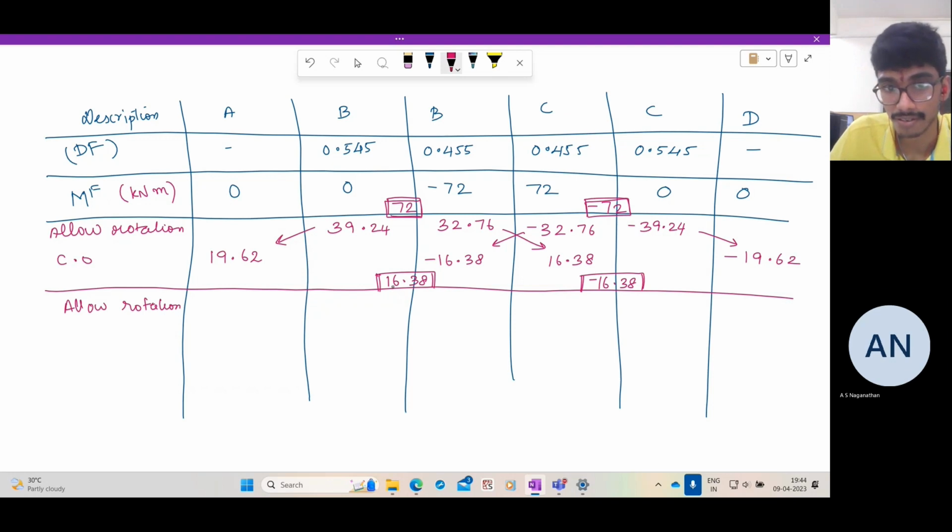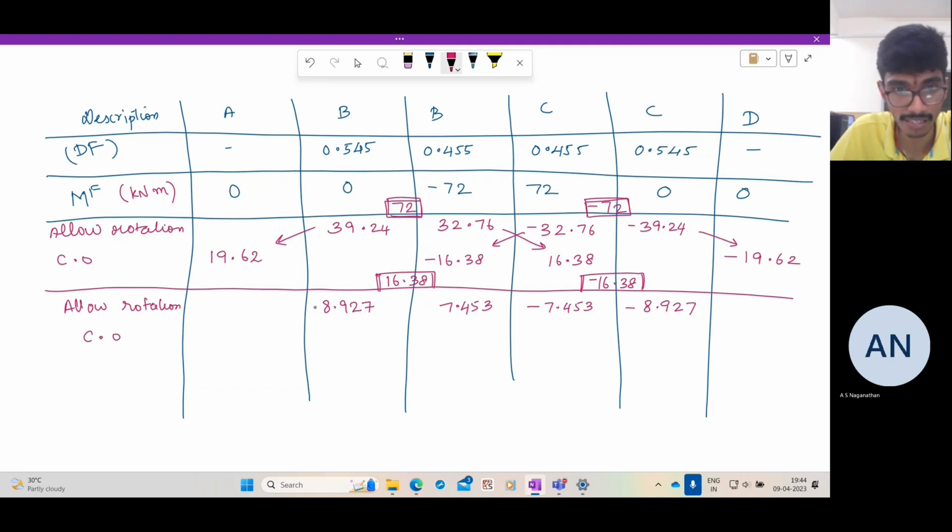What will happen? This counter moment has to be distributed to the two spans connected at joint B. So you get 0.545 into 16.38, which is 8.927, and 7.453 to this span. So here it is just the negative of it, minus 7.453 and minus 8.927.